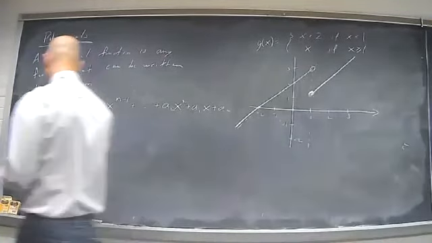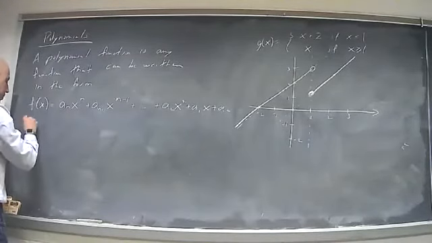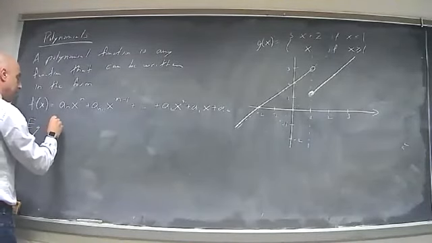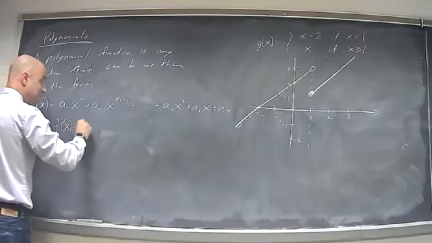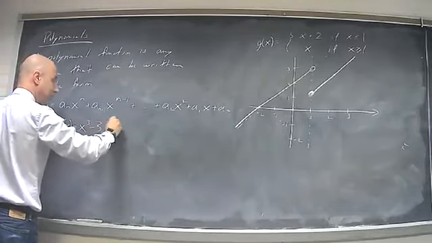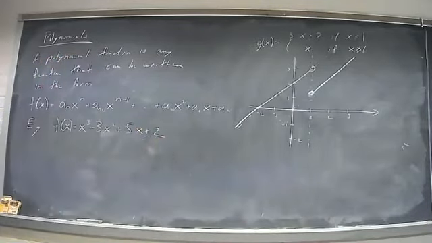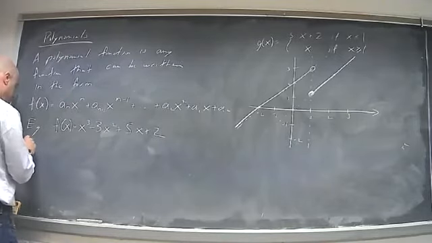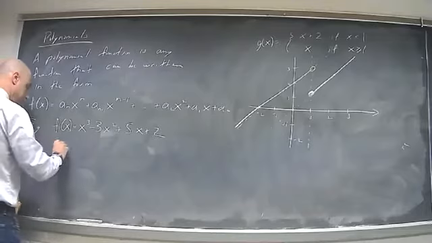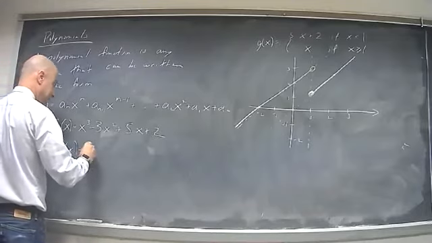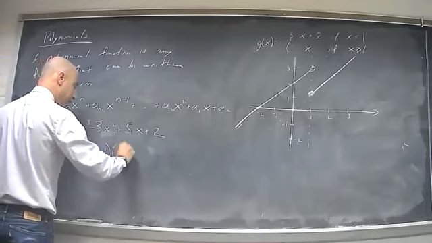For example, let's say f of x equals x cubed minus 3x squared plus 5x plus 2. Or g of x equals x minus 1 times x plus 3.